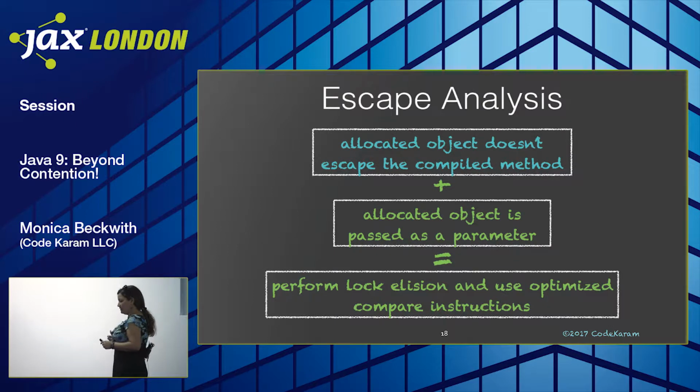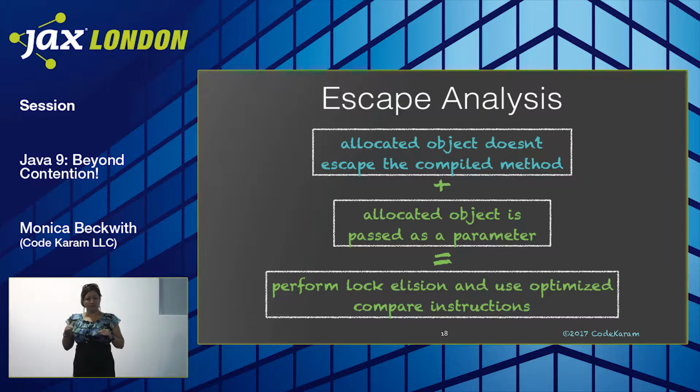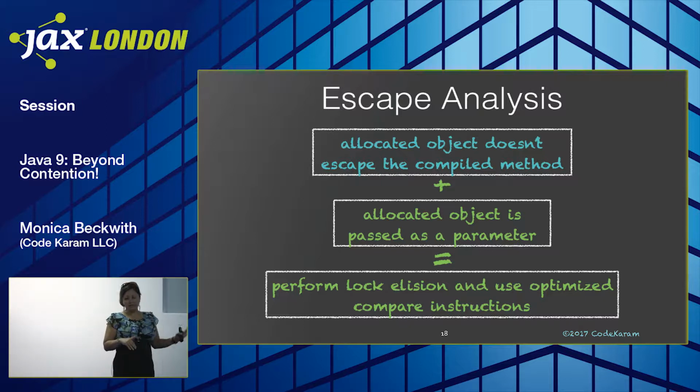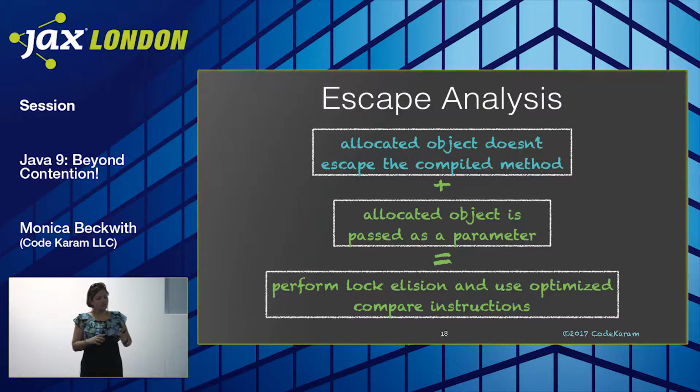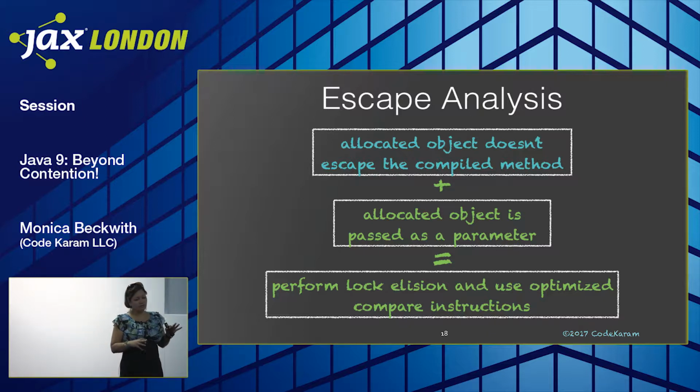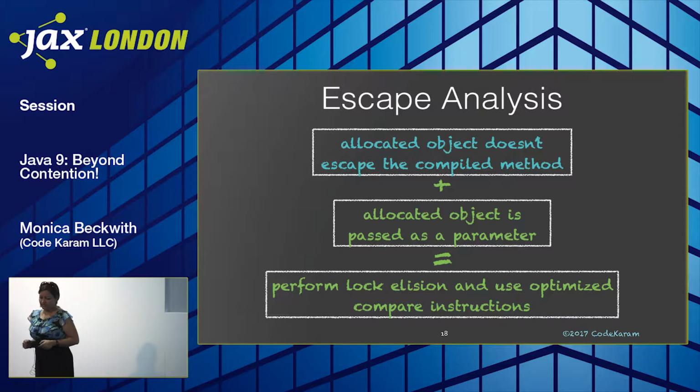There's another case. Say your object doesn't escape the method, but it is passed as a parameter, so it may escape over there. Even then, you can perform lock elision and use optimized compare instructions. Escape analysis, ever since Java 7, is pretty well tested, and it's a great addition to OpenJDK HotSpot. And lock elision also comes as a benefit of escape analysis.